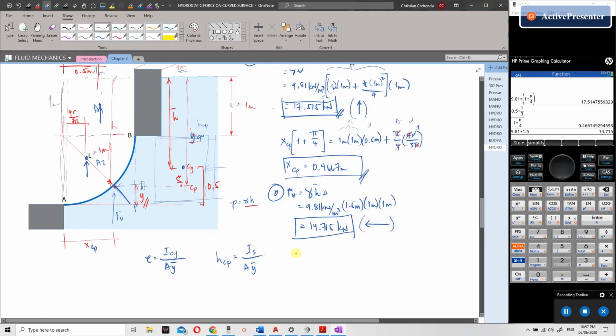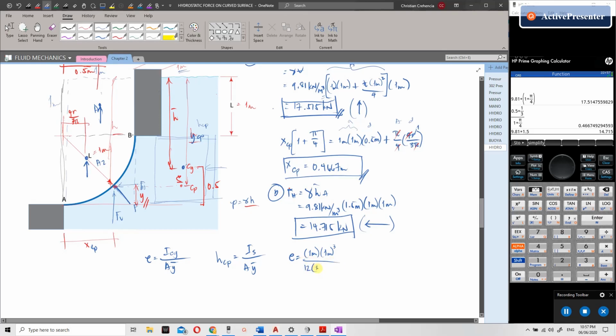So for distance E, ICG for a rectangle or square, B is 1 meter and H, the height of the area, is also 1 meter: BH cubed over 12.